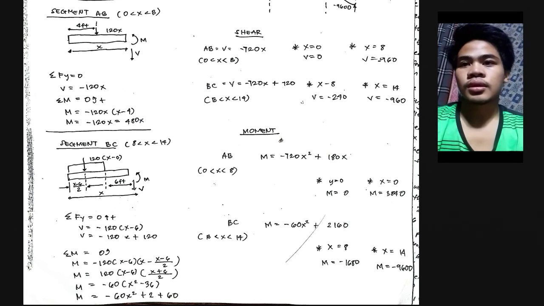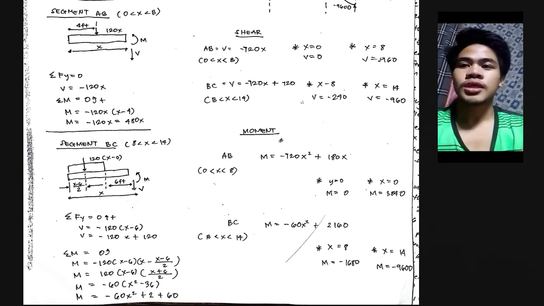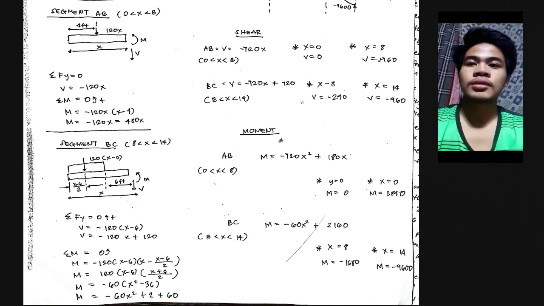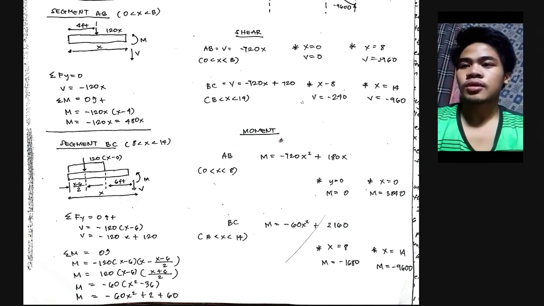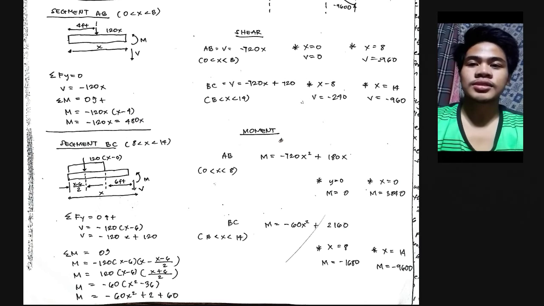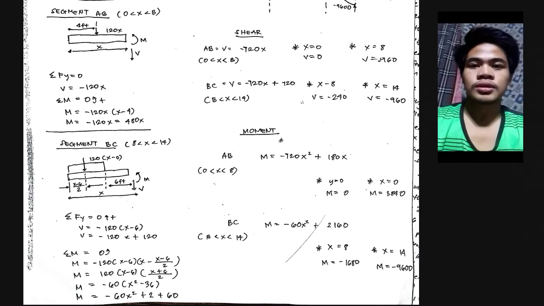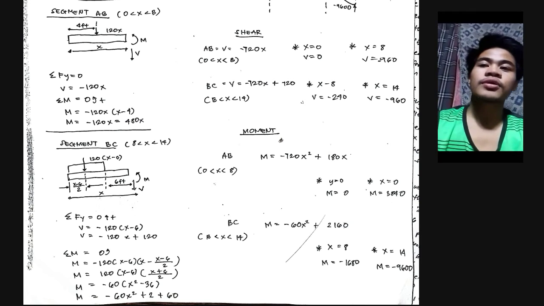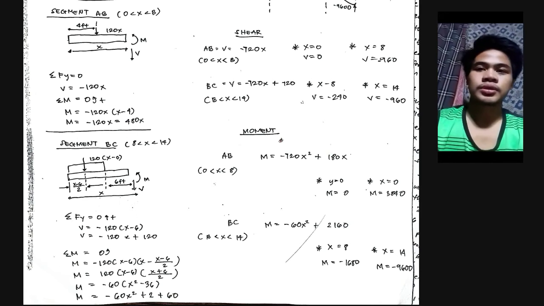For BC, negative 60x squared plus 2160. You get at x equals 8, M equals negative 1680, and then x goes to 14, M is equal to negative 9600, shown here in the graph. Now, this is the complete graph for figure P4.8.